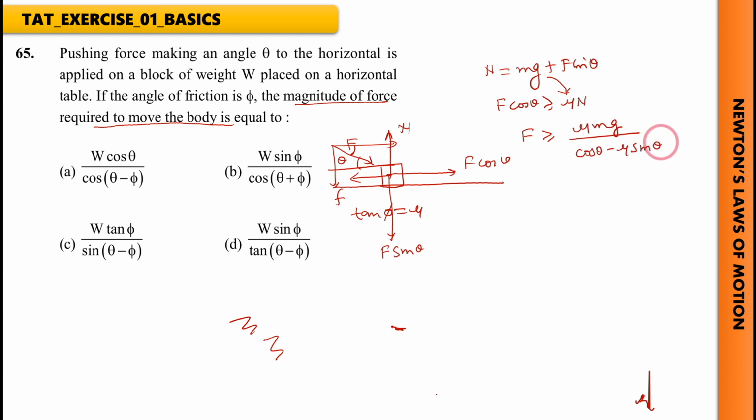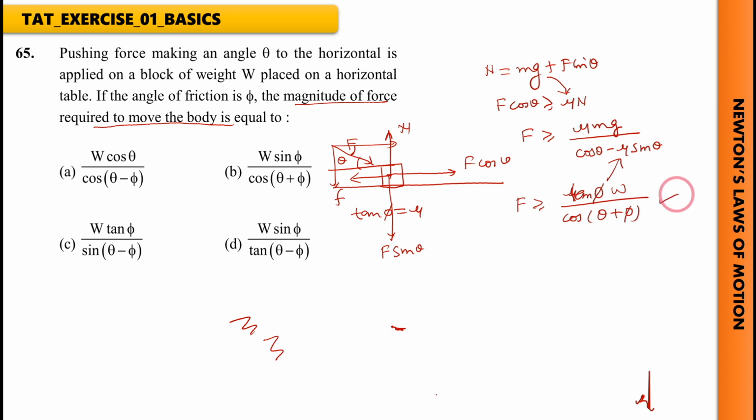Now you have to put tan phi in place of mu and further simplify it. So you will find F is greater than or equal to, in place of mu we'll put tan phi, and W in place of mg, and below after solving we'll get cos of theta plus phi.